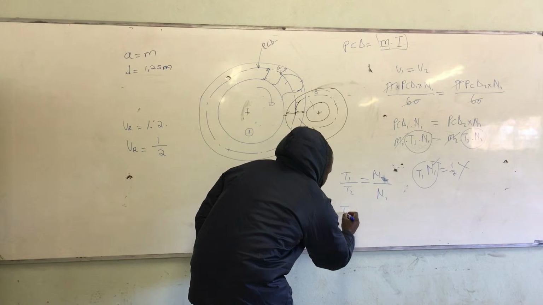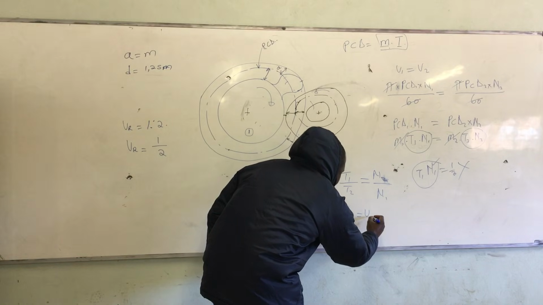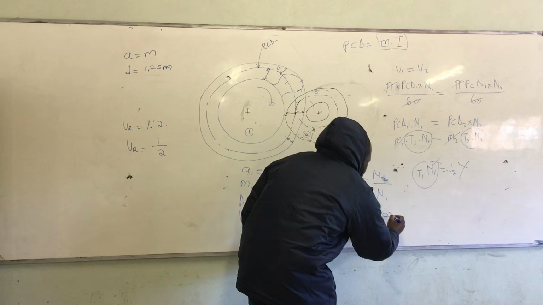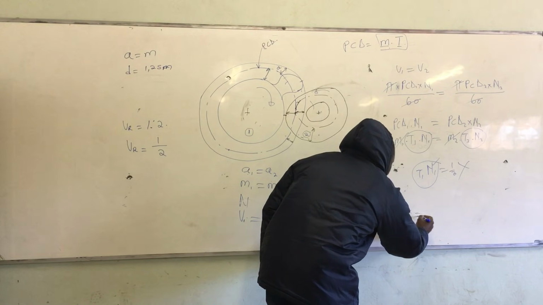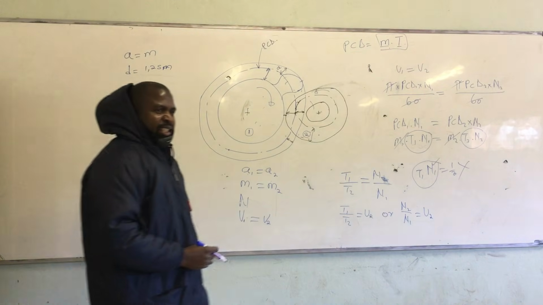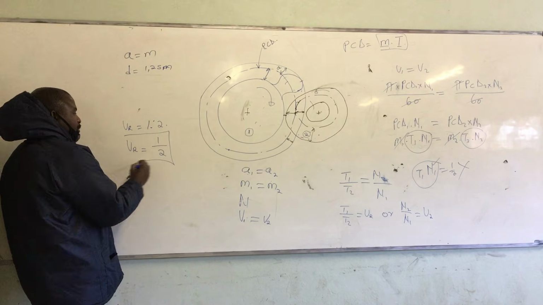Meaning T1 over T2 is equal to, you can use it as your speed ratio. Or you can also say N2 over N1 is equal to your speed ratio. You understand? So now you are given this speed ratio.